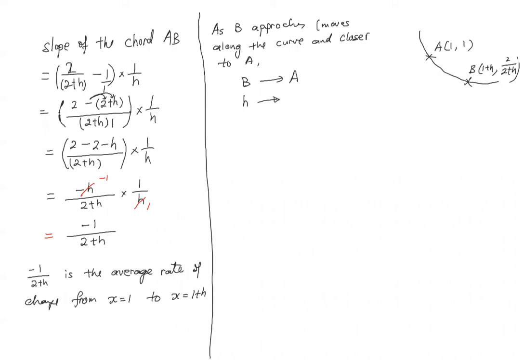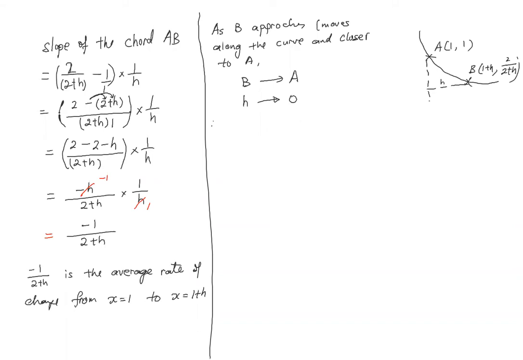Can someone tell me? If I draw a triangle, 0. Yes, thank you. This is h, correct? And h will approach 0.